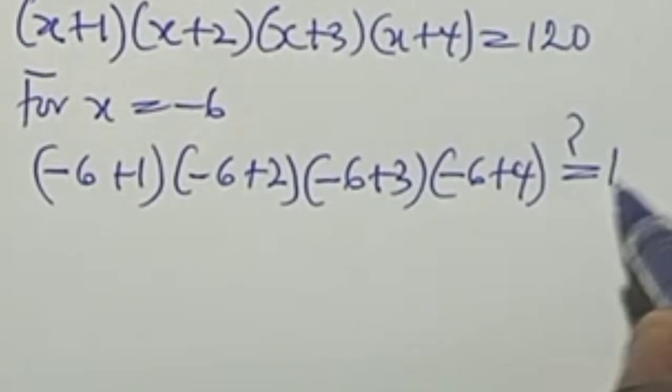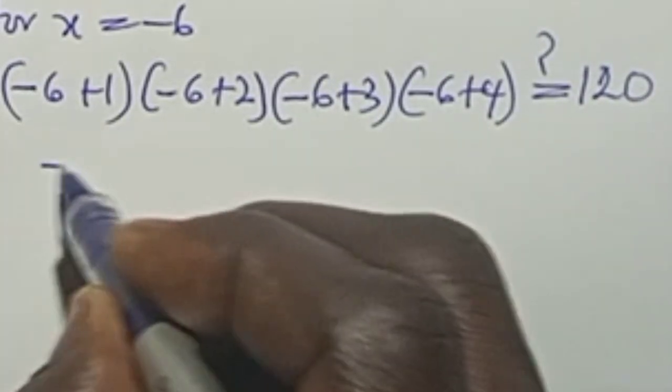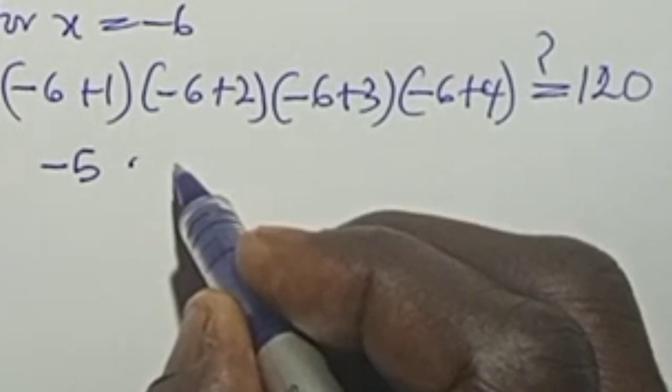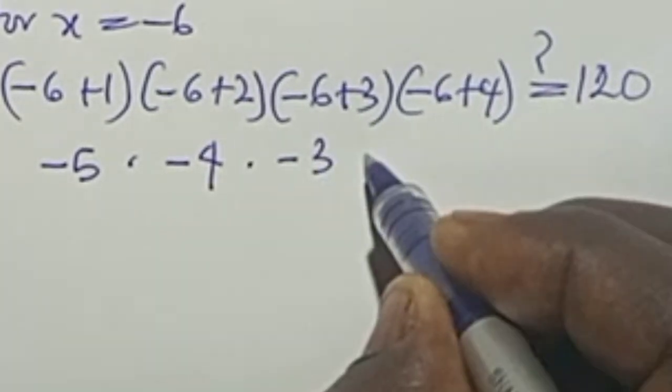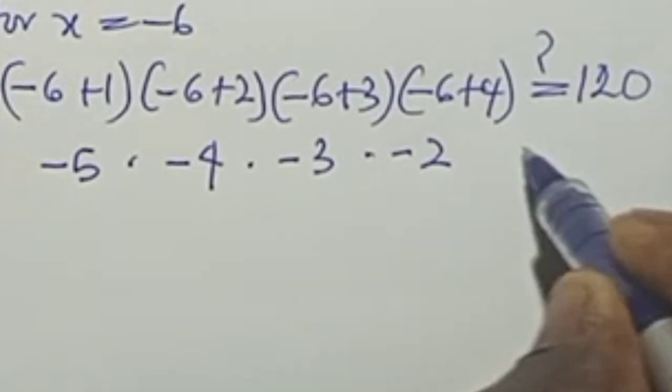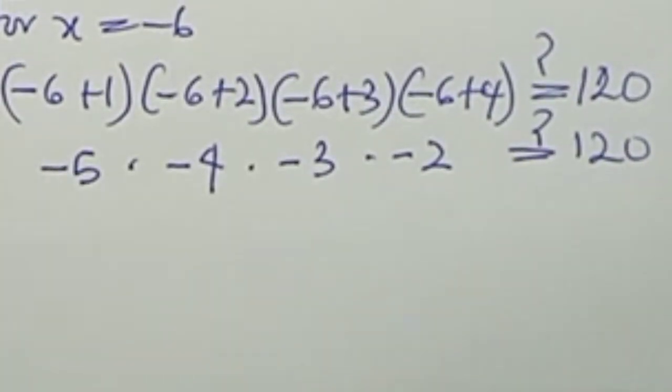Can this be equal to 120? So if we solve this, we're going to come up with minus 6 plus 1 is minus 5, times minus 4, times minus 3, and obviously minus 2. We want to show if this will be equal to 120.